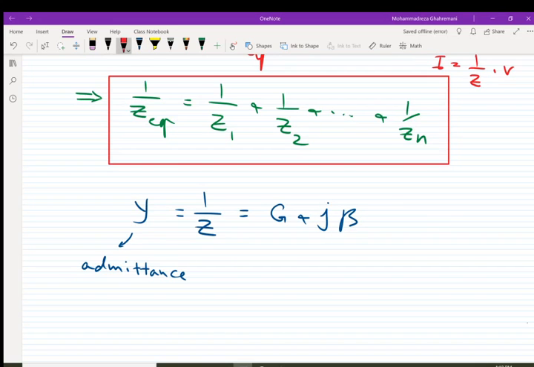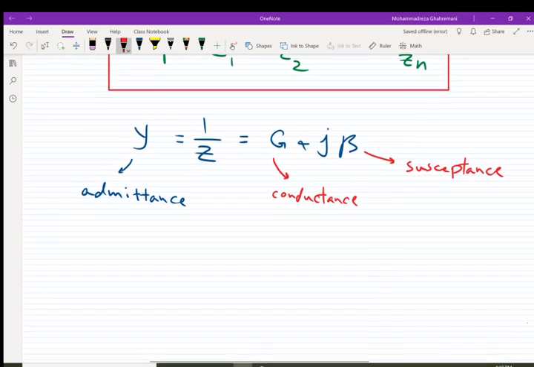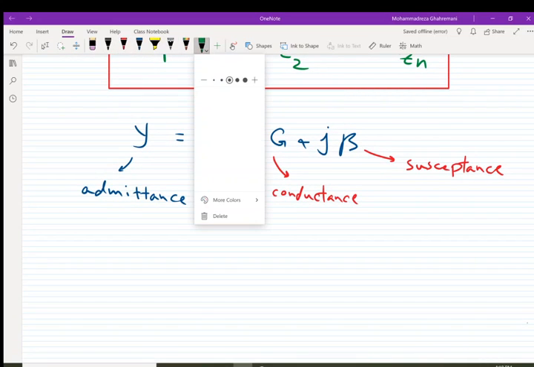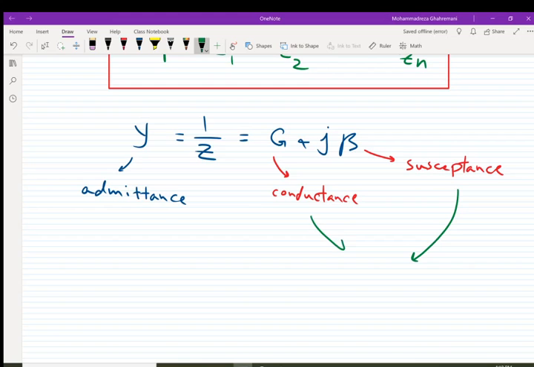G is the same conductance that we know and learned from resistors, and beta is called susceptance. Okay, so both of these, conductance and susceptance, are expressed in the unit of Siemens.